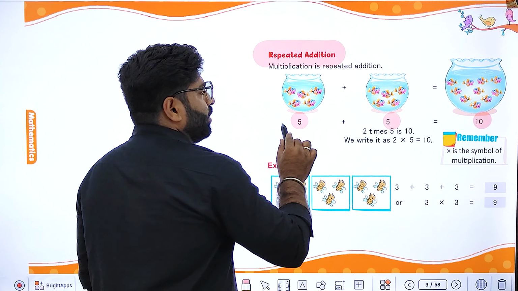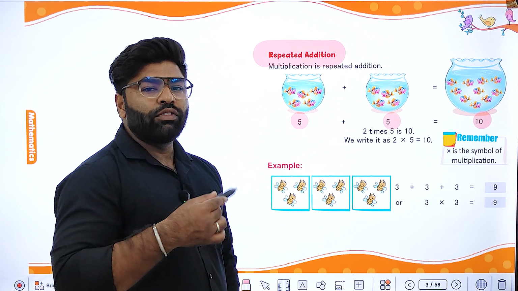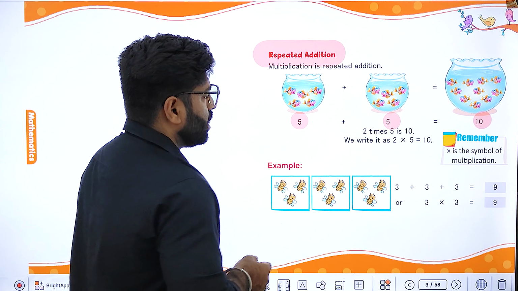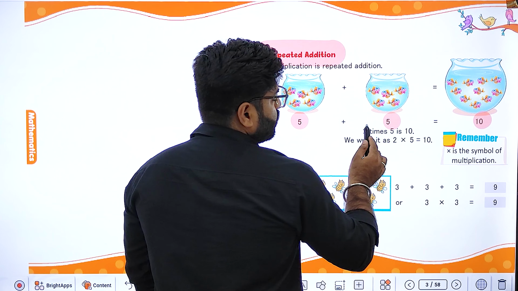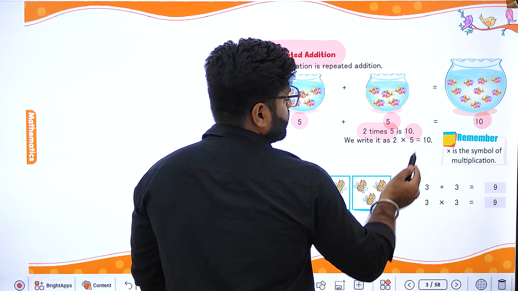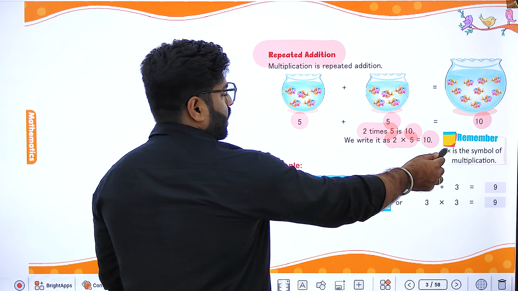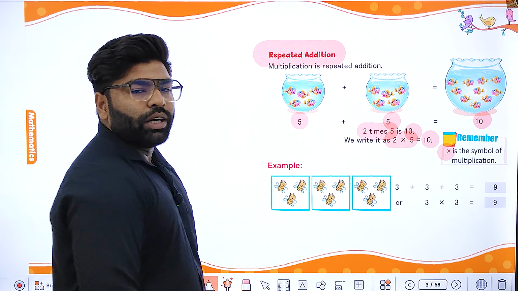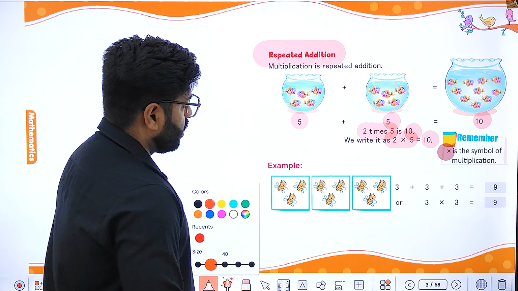But if we have to add this 5 ten times, it will be a longer process. Here we are having 2 times 5, so we can write 2 times 5 is 10. Or we can say that 2 multiplied by 5 is 10. We are using this cross sign for multiplication.